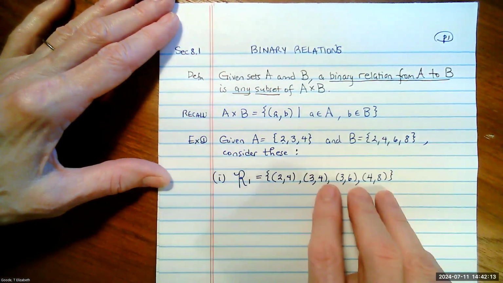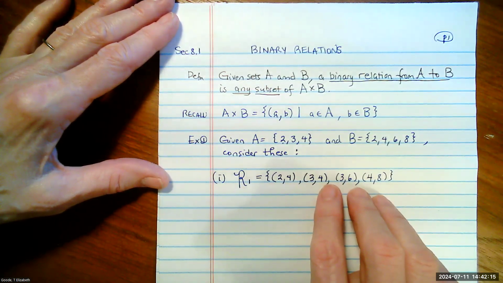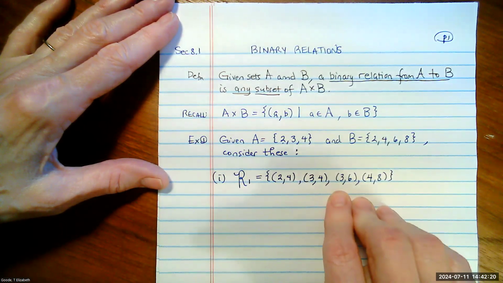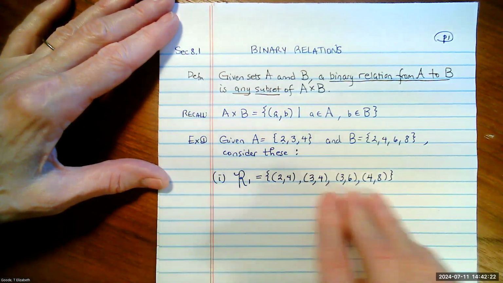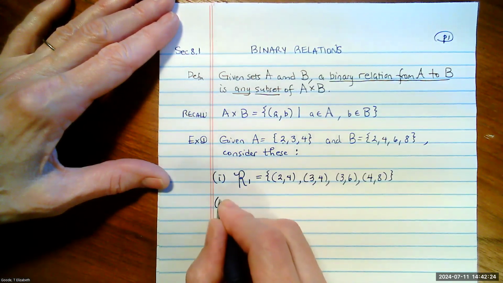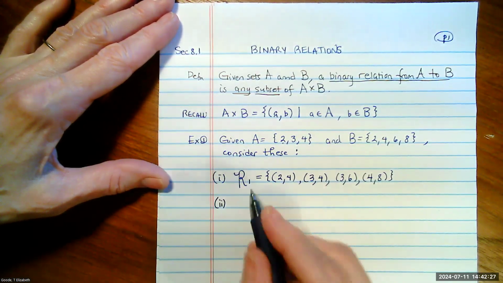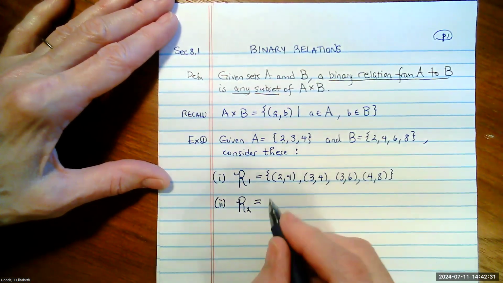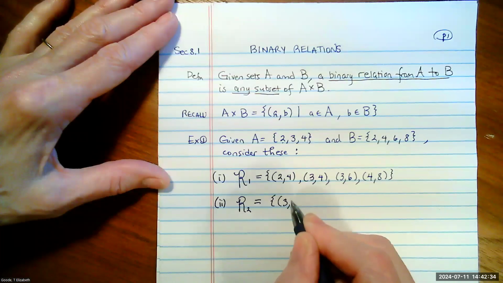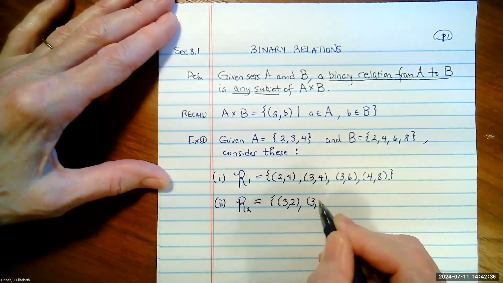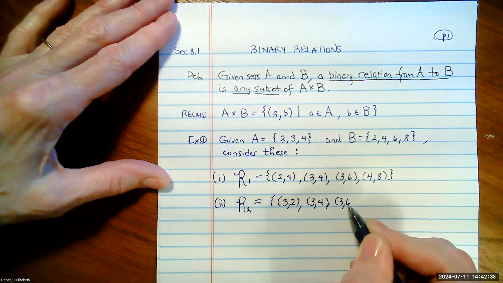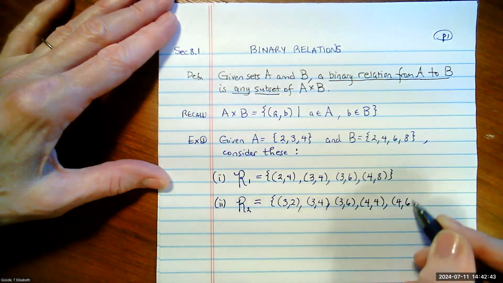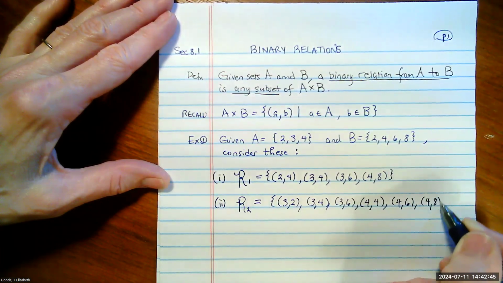And then there are usually a slew of binary relations in between, from size 0 up to the size of A times the size of B. Here I picked 4. Now, let's call this relation R2: 3, 2, 3, 4, 3, 6, 4, 4, 4, 6, and 4, 8.